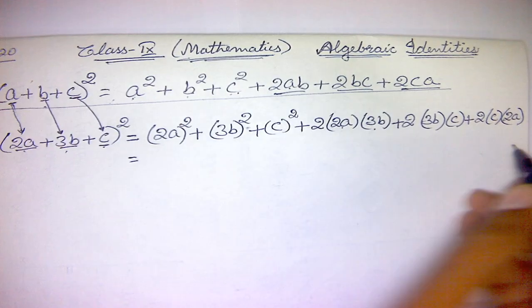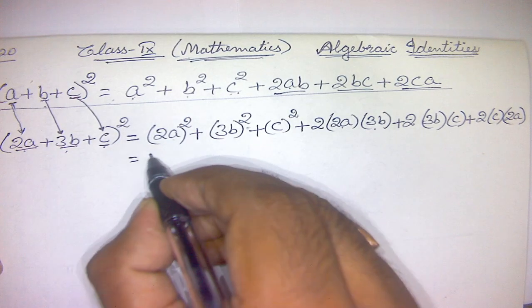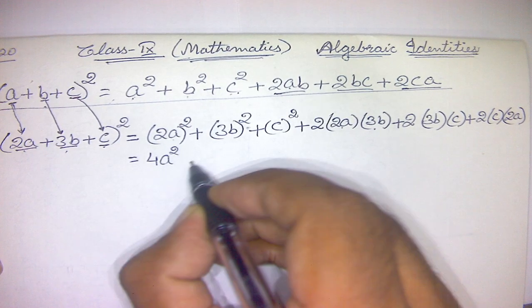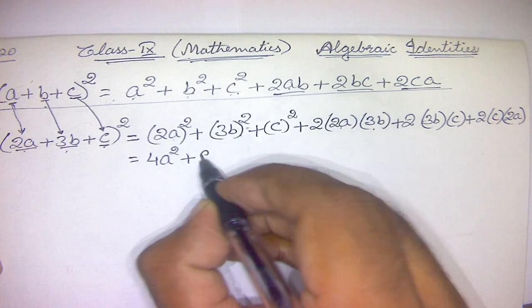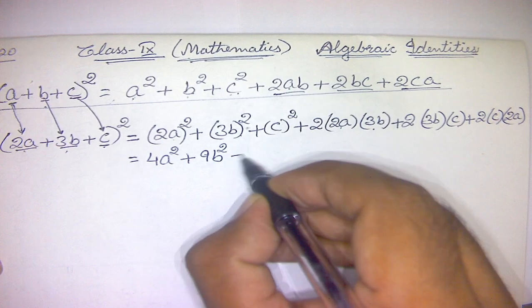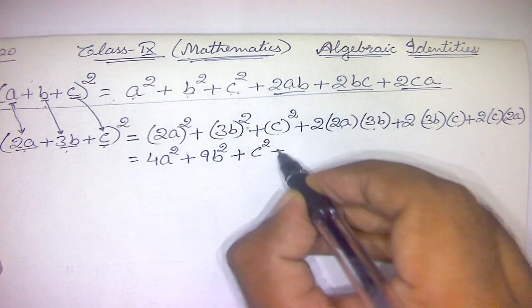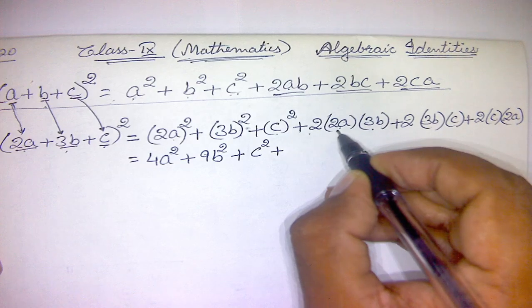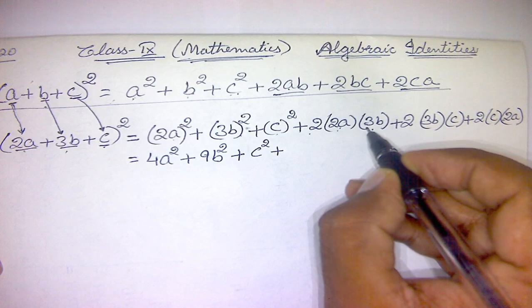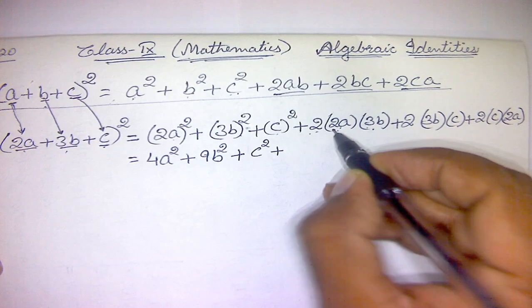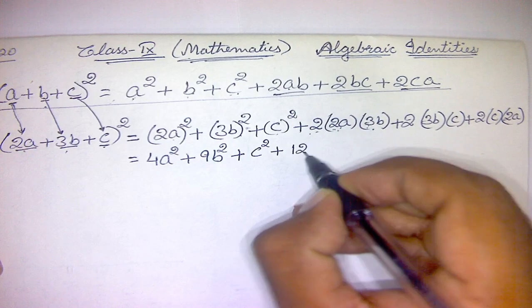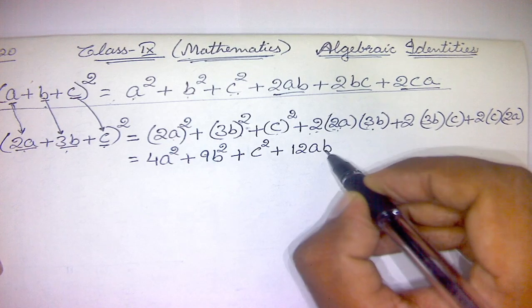And now this is what we have to write by solving it. So square of 2a is 4a squared. Square of 3b is 9b squared. Square of c is c squared. Then plus 2 multiply 2a multiply 3b. So 2 into 2 is 4, 4 into 3 is 12, so it is 12ab.